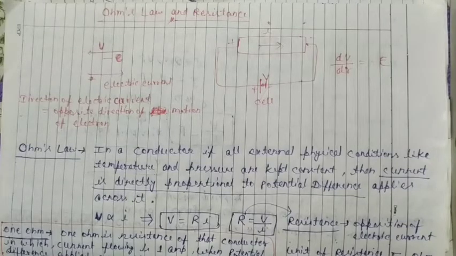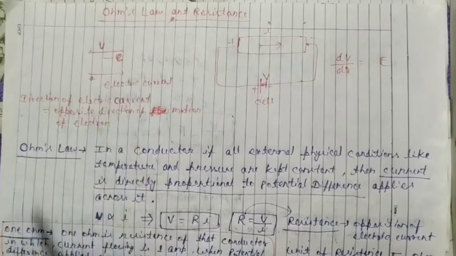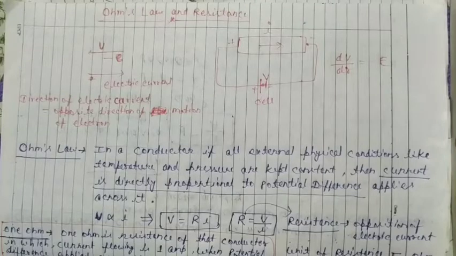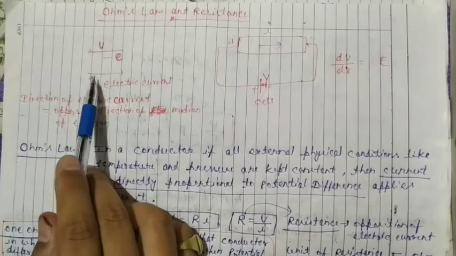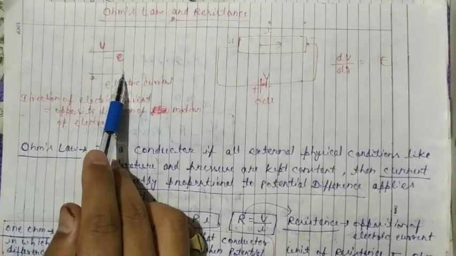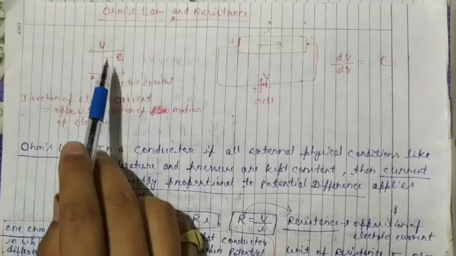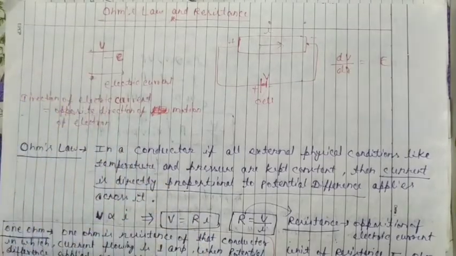Theoretically, this is the direction of motion of positive charge. Positive charge always moves from plus to minus, but actually positive charge does not move. So direction of electric current is opposite to the direction of motion of electron.